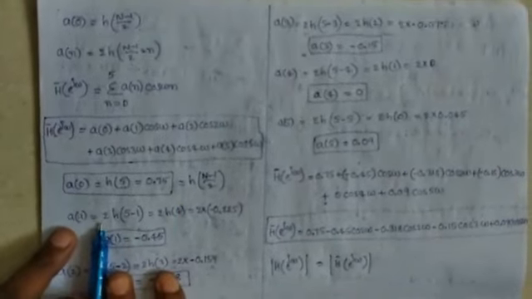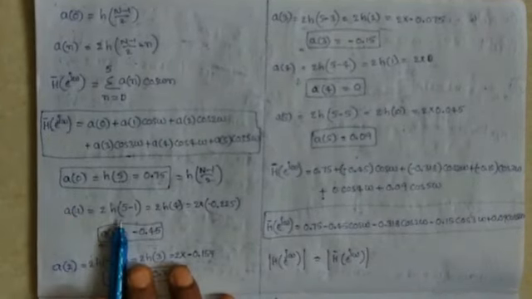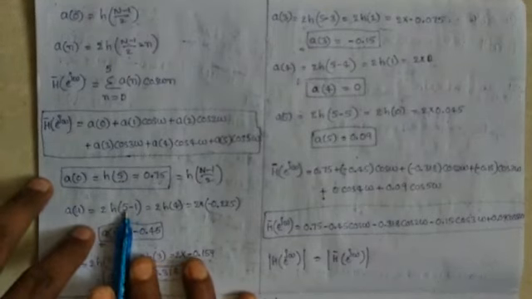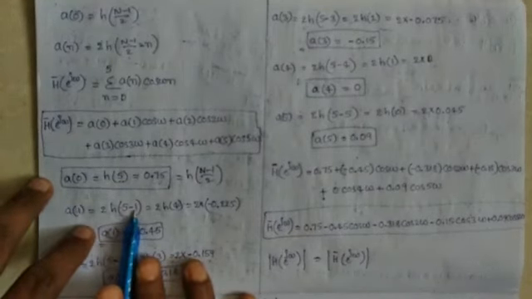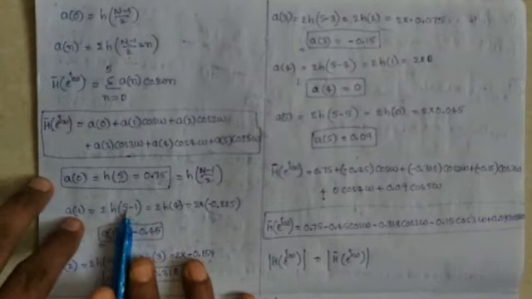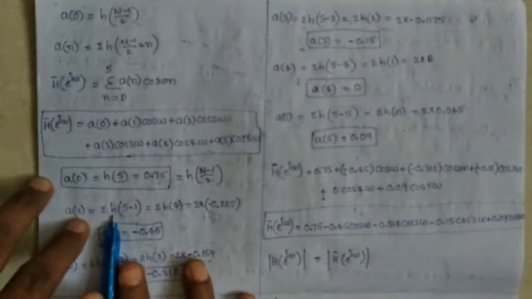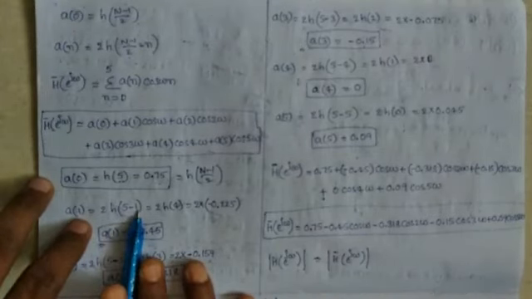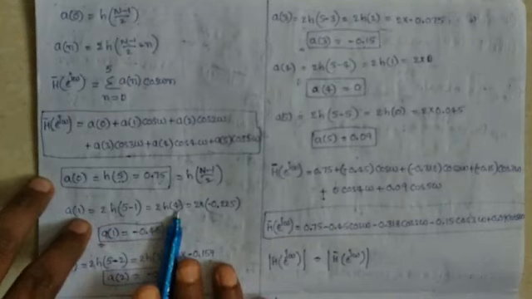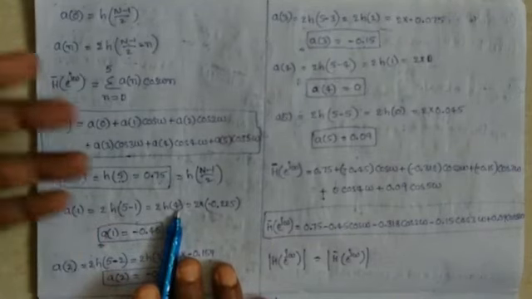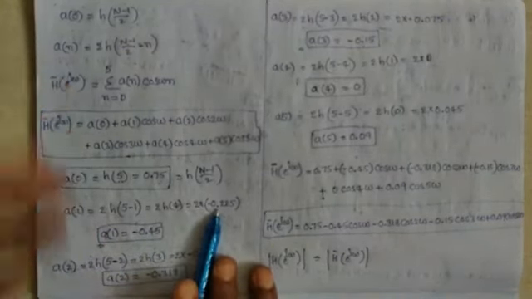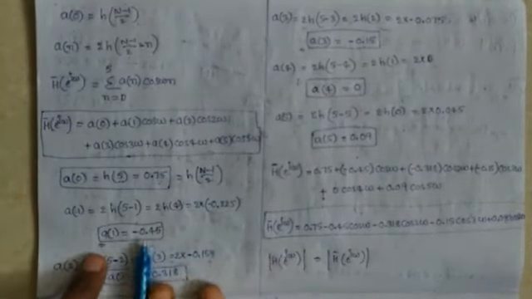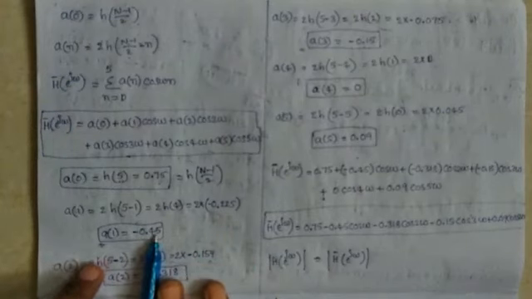Similarly, we are determining a of 1. a of 1 is equal to what? 2 into h of (capital N minus 1) by 2 minus n, here small n is equal to 1. So 2 into h of (5 minus 1), that is 2 into h of 4. The h of 4 value is minus 0.225, multiplying with 2, a of 1 is equal to minus 0.45.